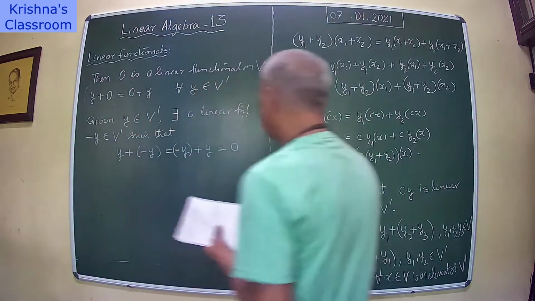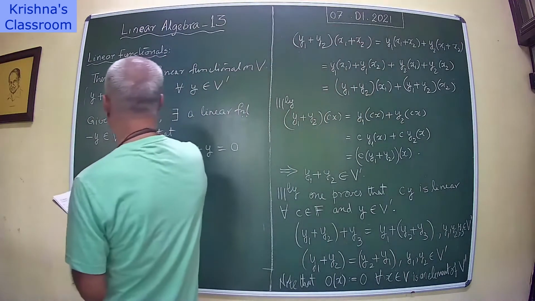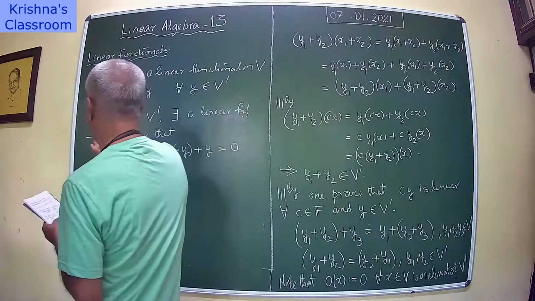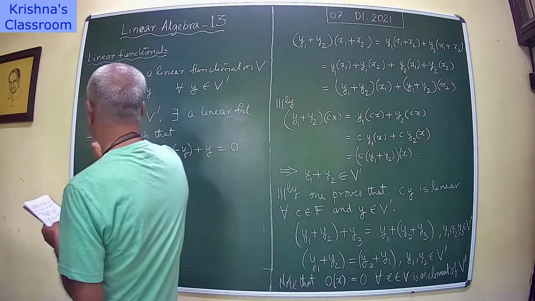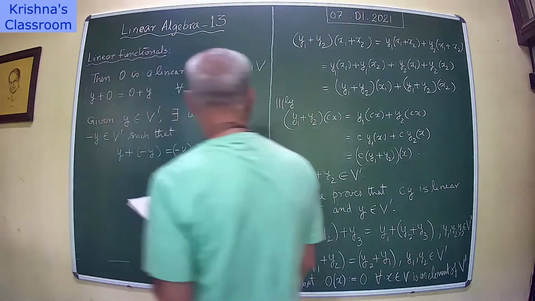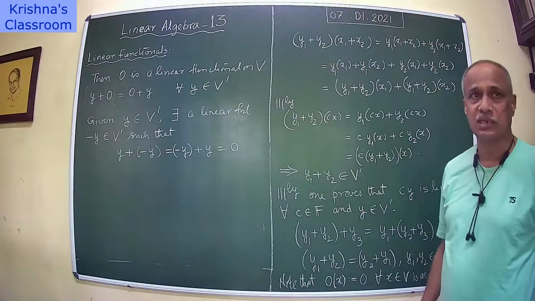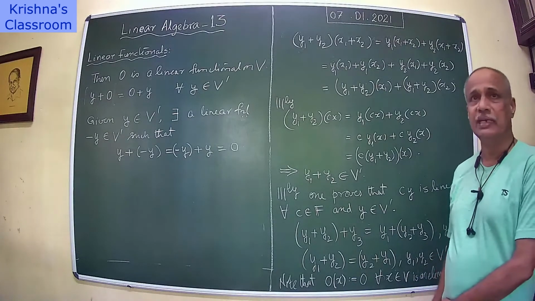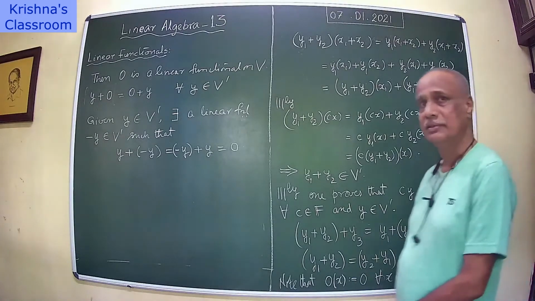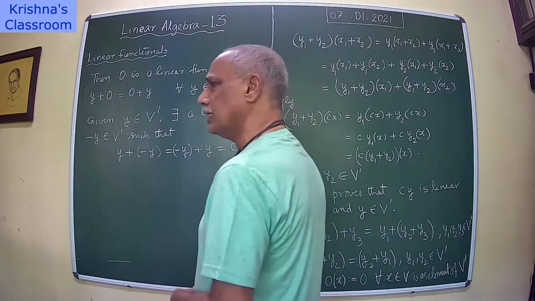There are a few things here, but to show that given y, minus y is a linear function, you can go back here: given y, cy is a linear function. Therefore, if you take c to be minus 1, then it's a linear function, or you can do it directly. So that's the definition of minus 1.